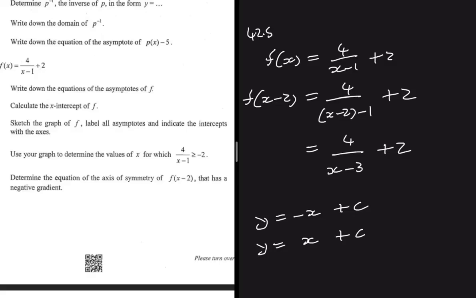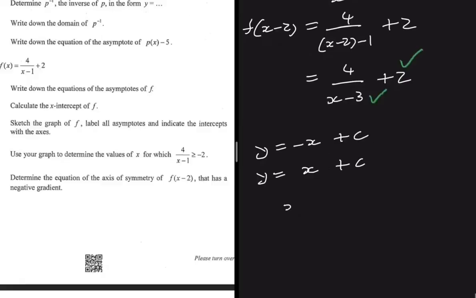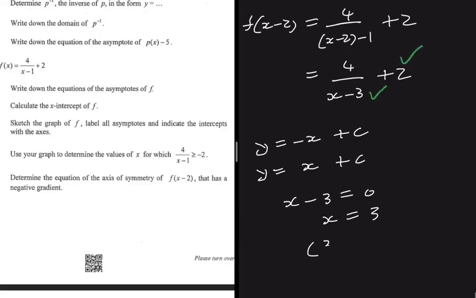We know that 2 will be our horizontal asymptote. Now we just need to find our vertical asymptote by saying that x minus 3 is equals to 0, right? Now you're going to see that x is equals to 3 is our vertical asymptote. So they're going to touch when x is equals to 3 and y is equals to 2. Now we just need to substitute that in our equation for the axis of symmetry with the negative gradient, right?